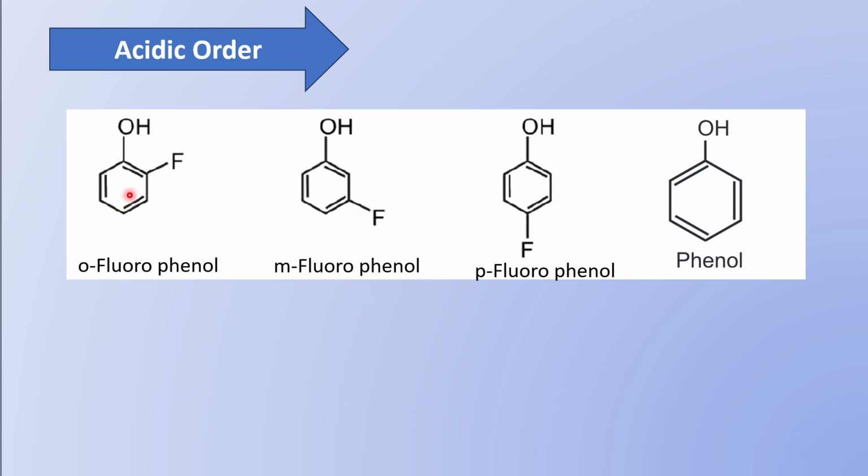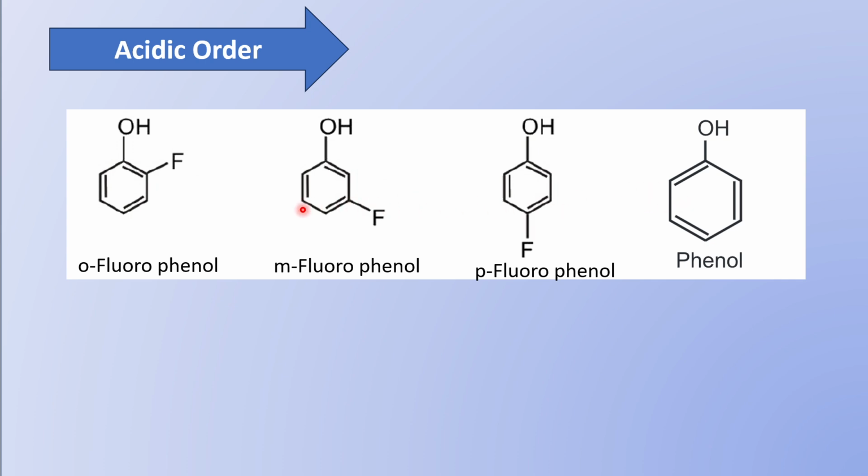Now what we are going to do is find out which one is most acidic and what is the order of acidity among these four compounds. Before we begin, let me tell you about the concept behind this order of acidity. There has to be some basic idea from which we can compare the acidity of these four compounds.